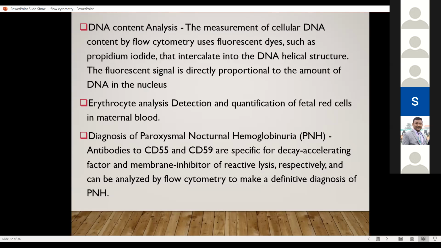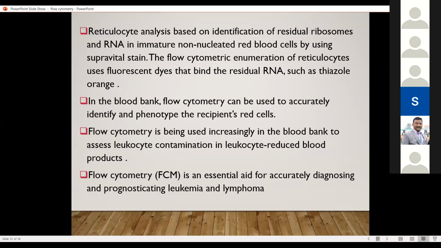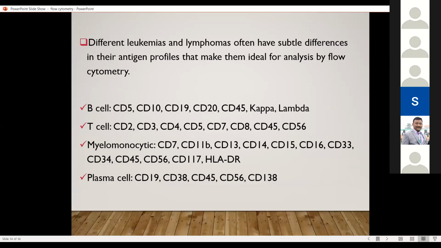So different kinds of DNA-related or CD marker-related and size-related diseases can be diagnosed using flow cytometry. Different populations of blood cells, B cells, T cells, as most of the diseases we come across are related to CD markers.